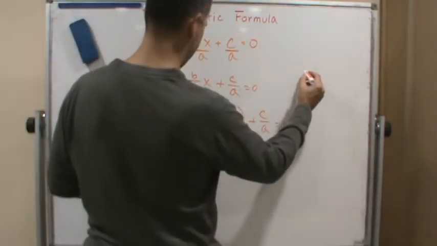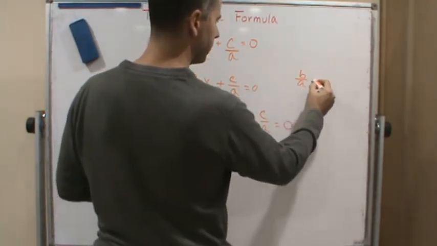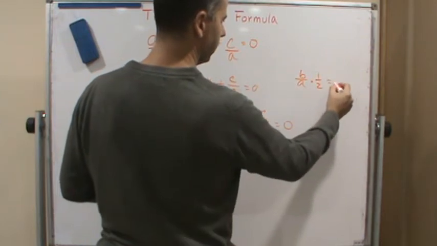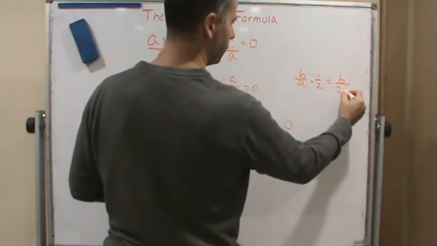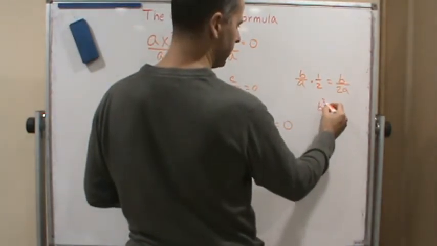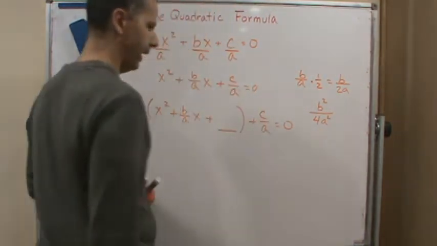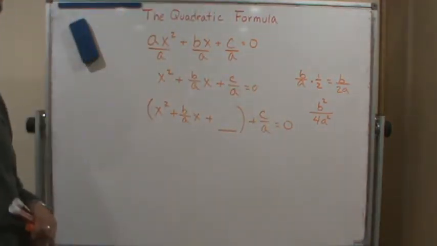So if I multiply this by a half and square it, what do I get? Well, let's do it over here. b over a times 1/2 equals b over 2a. And then I square it, which means I get b squared over 4a squared. Okay?